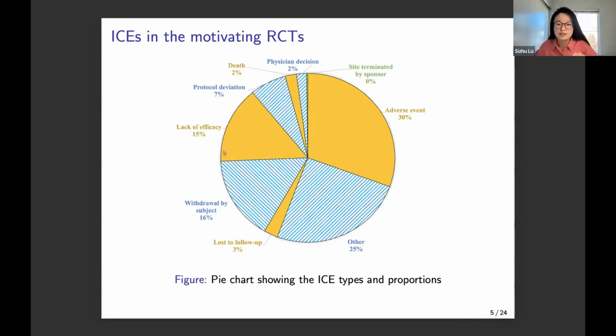The yellow segments correspond to those that are purely effect informative. There's one tiny green segment that corresponds to effect uninformative. And all these blue striped segments indicate that there's a mixture. Those are somewhat broader classifications, and if we look at each of the observations in detail, we further classified them into one of the two types. But in the end, the majority of intercurrent events were classified as informative. So we use a composite outcome to deal with them.